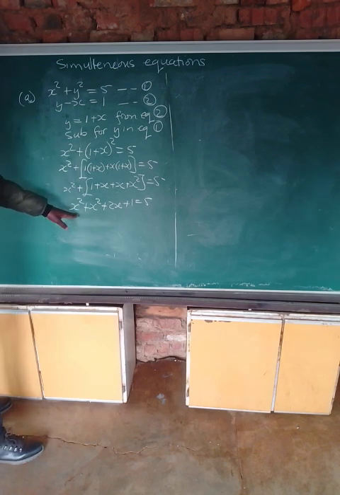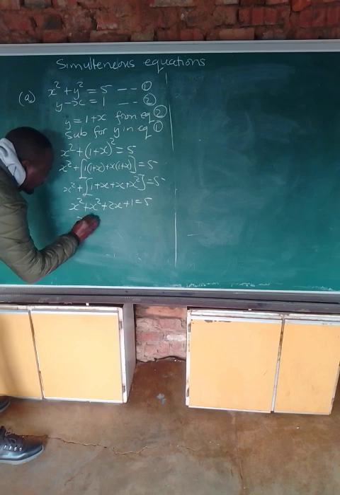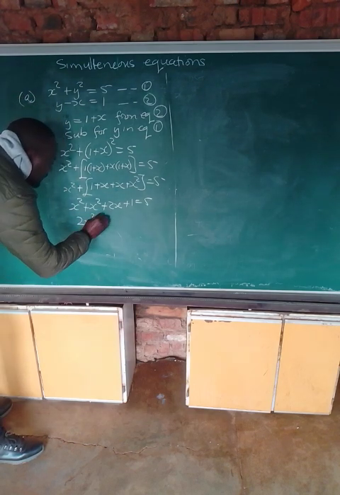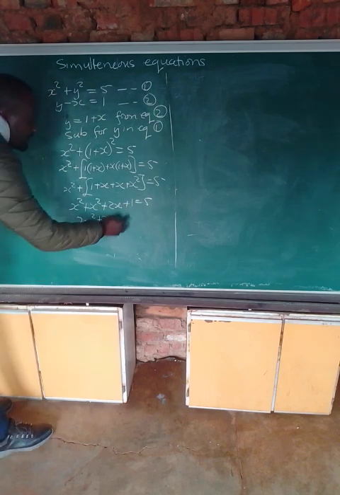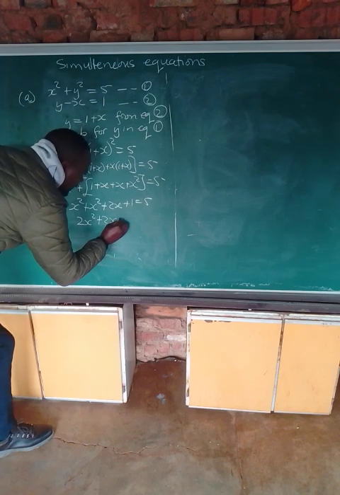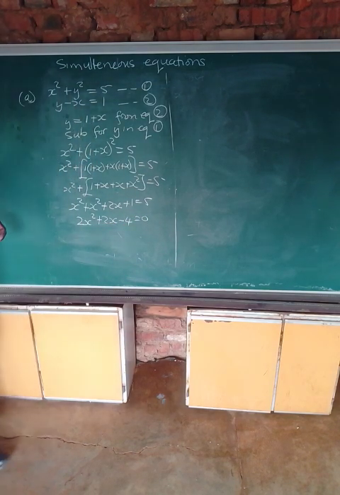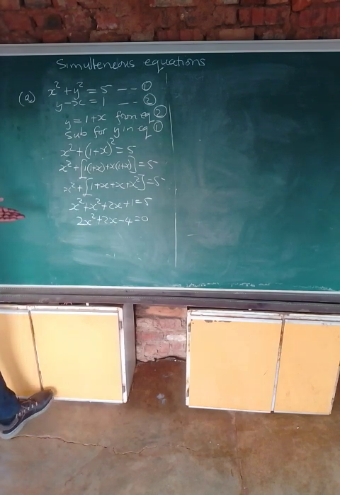So now x squared plus x squared, what do we get? We get 2x squared. So now 2x squared plus 2x, we take 5 this side, it becomes 1 minus 5, we get minus 4 is equal to 0. So this is the situation we are having here.